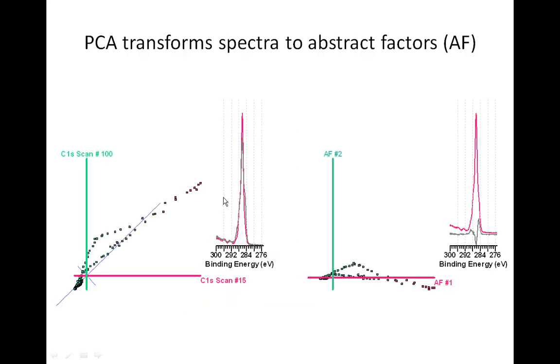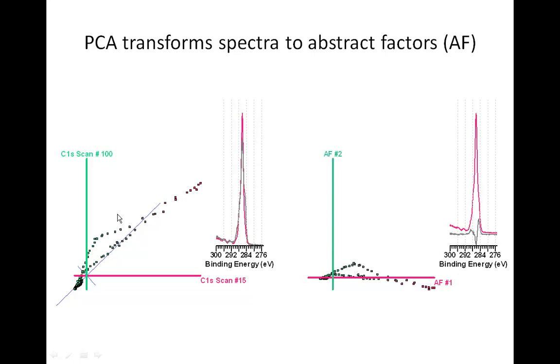Now, if instead of having 2 identical spectra, we have two spectra that are slightly different, then there is a general direction or a line along which the scatter points appear to lie. So again, we have background points down here, peak maximum up here, and the general trend is along some particular line.